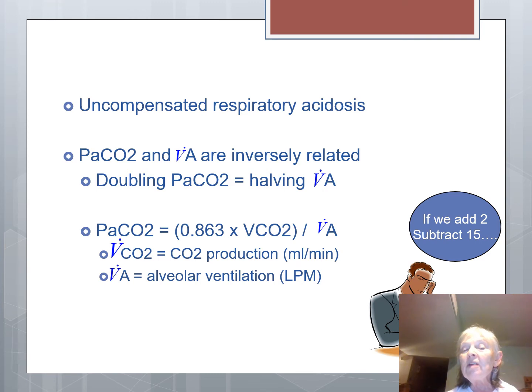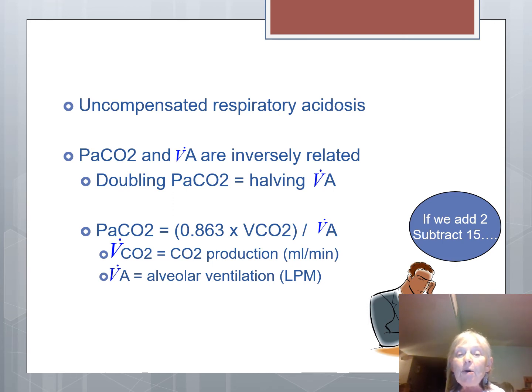This is the formula that goes with it. What you're seeing at the beginning of the formula, 0.863, is a constant. It's not going to change. Then we multiply it by VCO2.